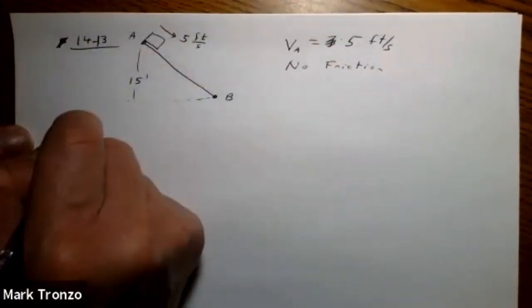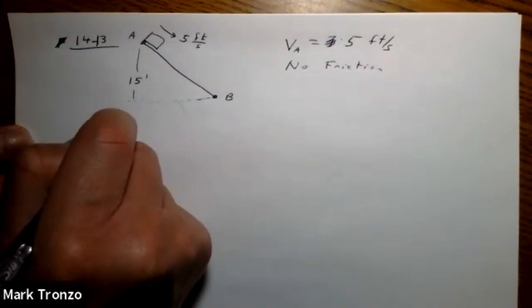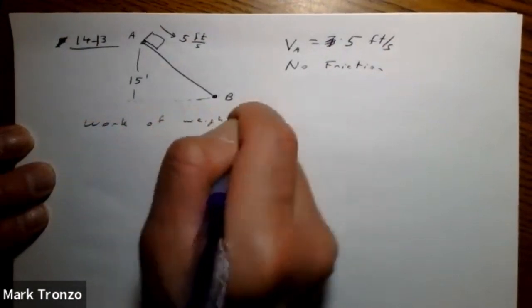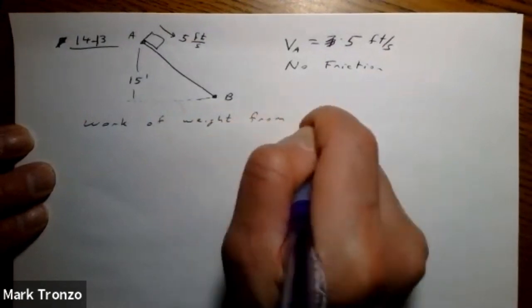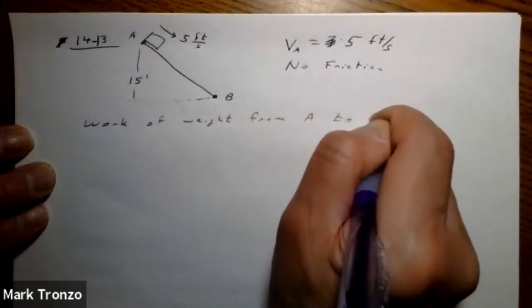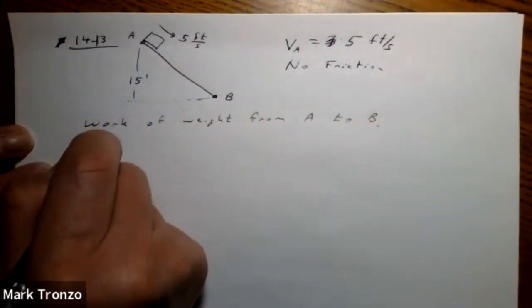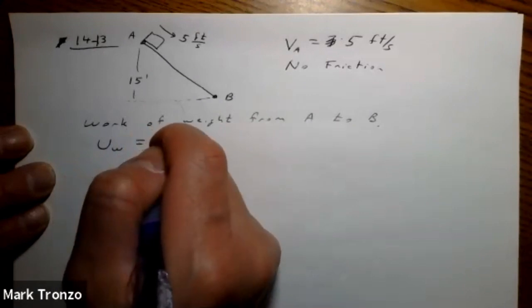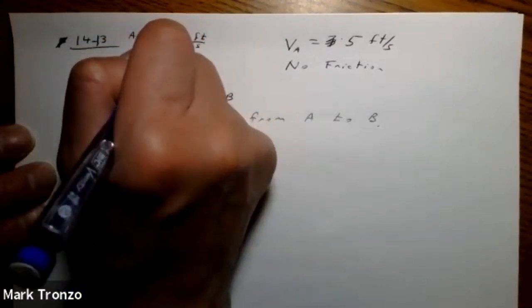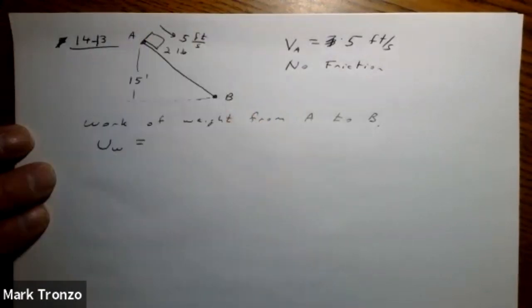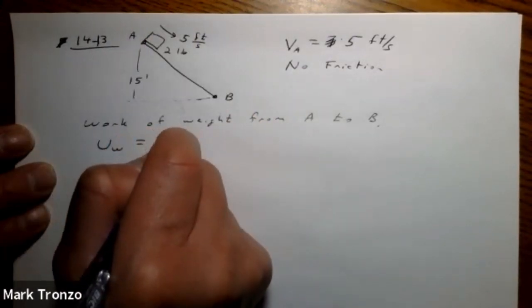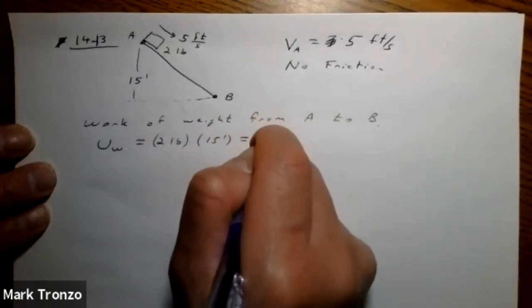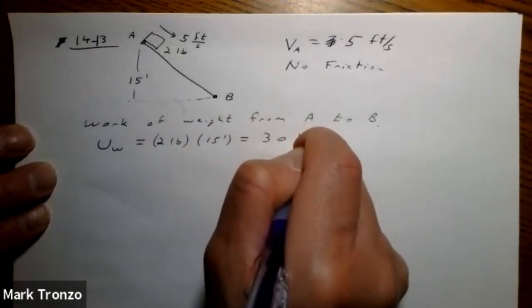So again, the work of the weight from A to B, and we're told it's 2 pounds, is going to be 2 pounds times 15 feet, which is 30 pound-feet.